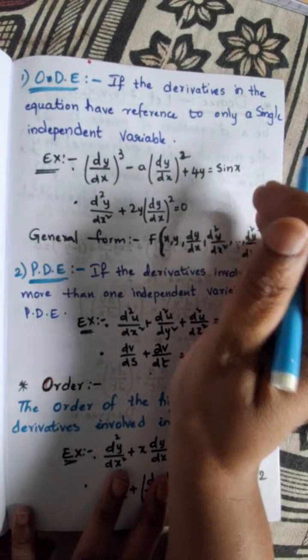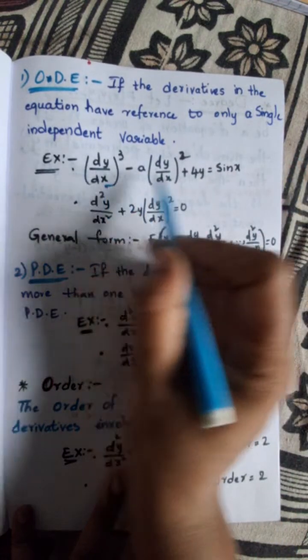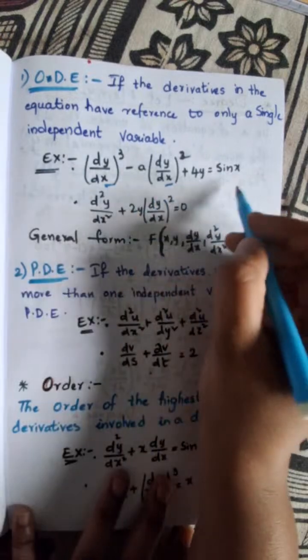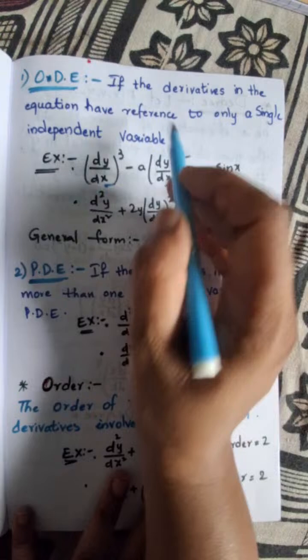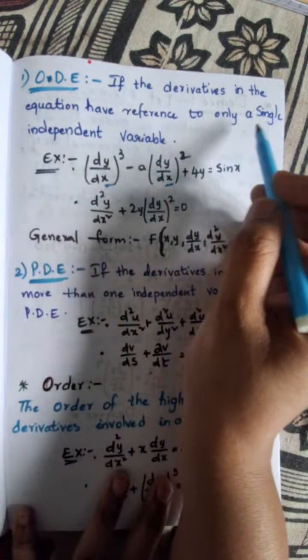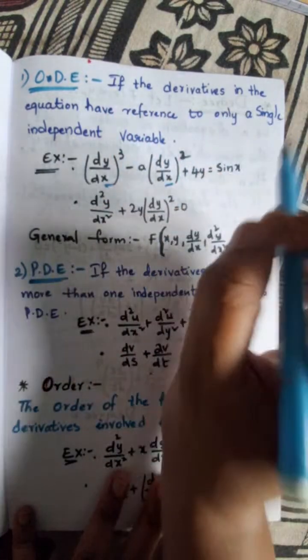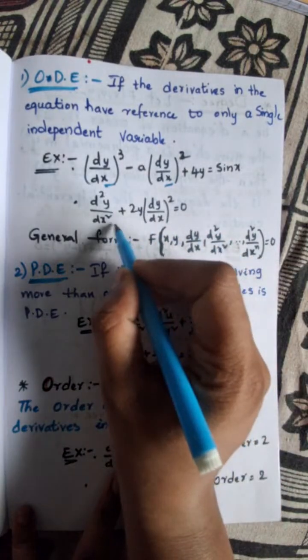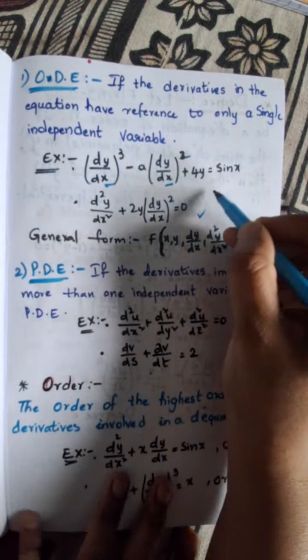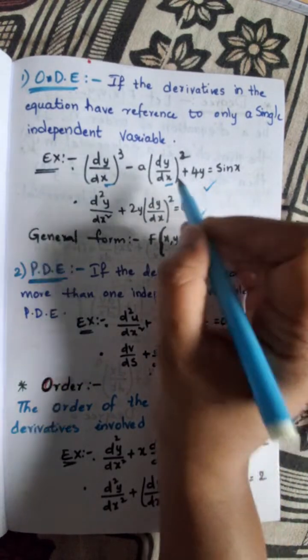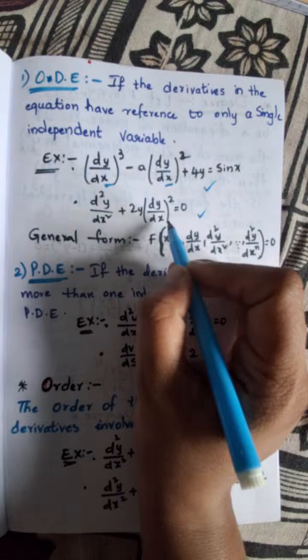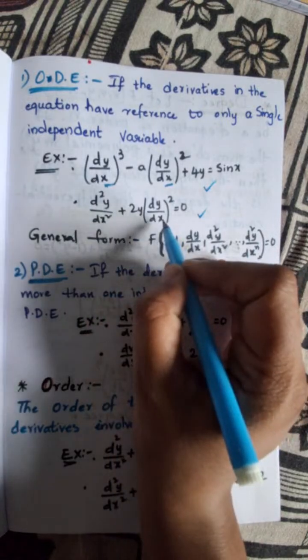In this, x is the only independent variable and there is one dependent variable. So ODE means we must have only a single independent variable, and that is why we call it an ordinary differential equation.